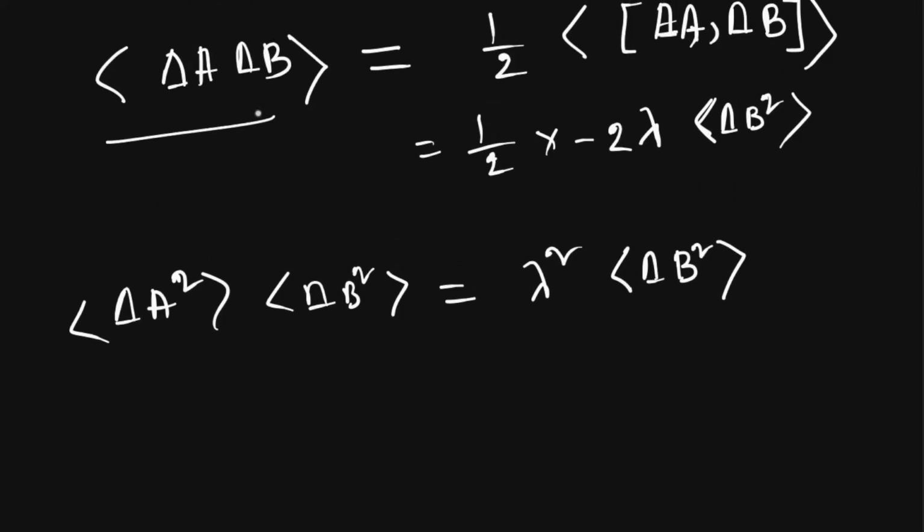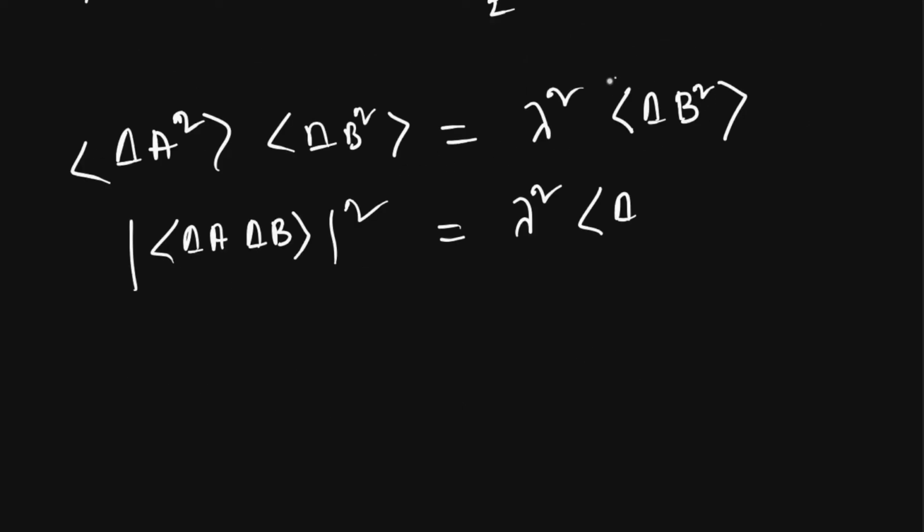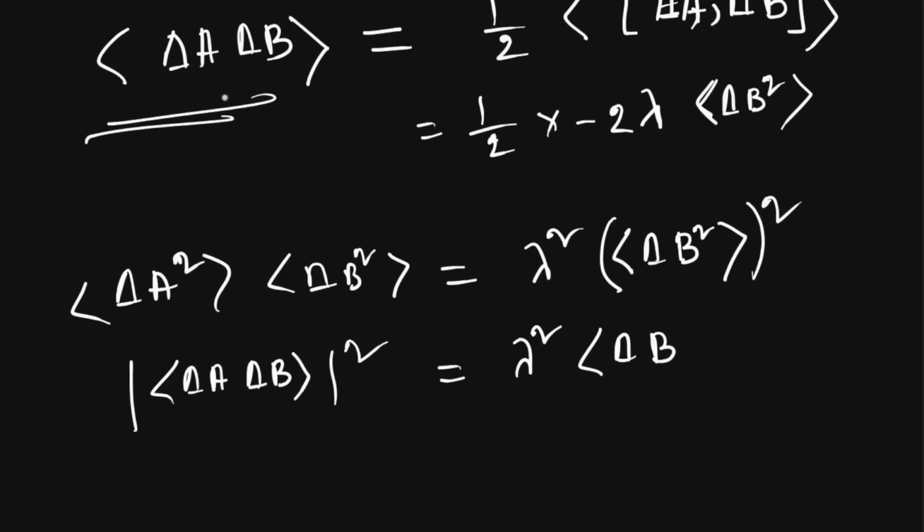And what will be the expectation of this delta A delta B its square expectation square? That will be again lambda square delta B square, its square.